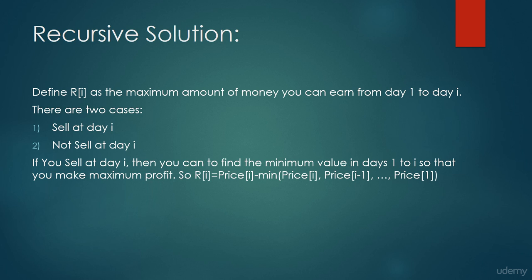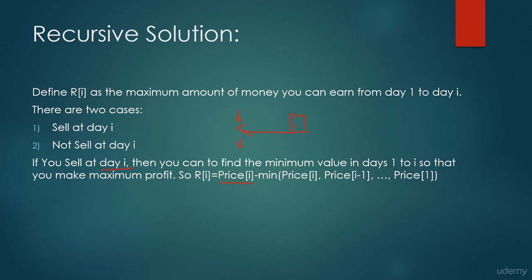If I'm going to sell on day i, then I want to look at all the previous days, find the day with the least price, and choose that day, so that price(i) minus the price on that day, let's say it's day j, is maximized. Because I'm subtracting, I want to minimize the subtracted price so that my profit is maximized.